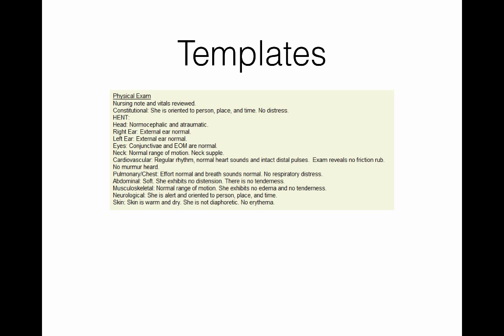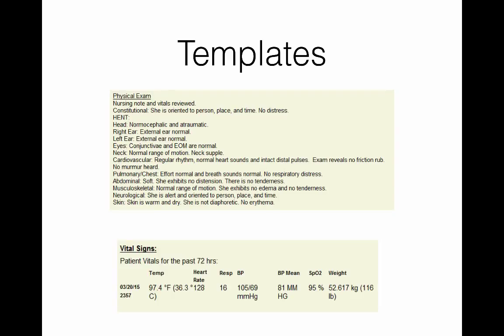And as an example, this is actually from a chart that I had to review. It was a QA review that I did. And you look at this physical exam, and you may not be able to tell by looking at it, but it's clearly an exam that's been templated based on my experience. And if you look down in the cardiovascular section, and then you look at the vital signs here, you can see that that patient has a fairly unremarkable cardiovascular exam documented, but their heart rate's 128.